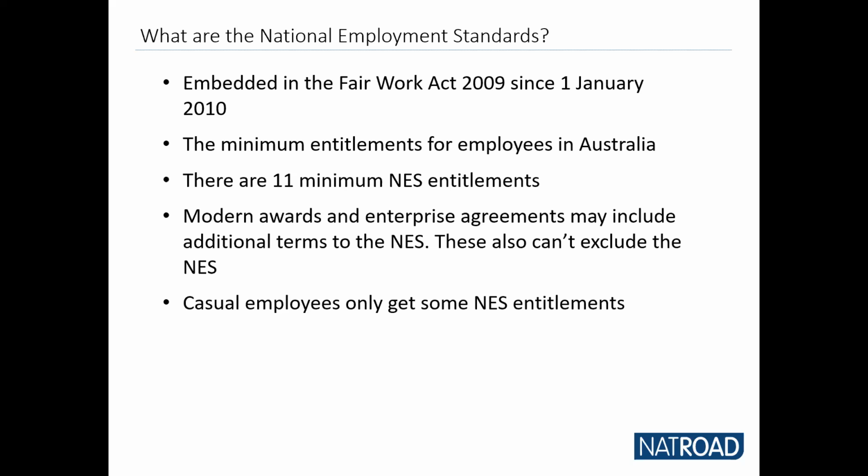Casuals can get things like paid family and domestic violence leave, unpaid carers leave and unpaid compassionate leave, as an example. They can request lots of different arrangements, but it's not an entitlement all the time under the NES.